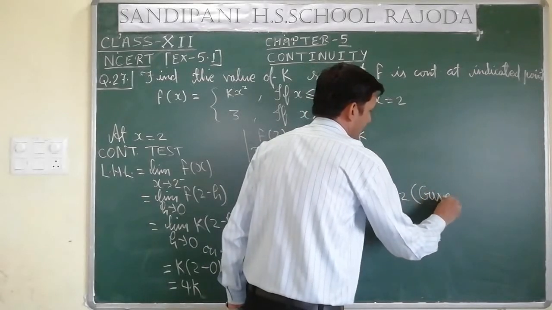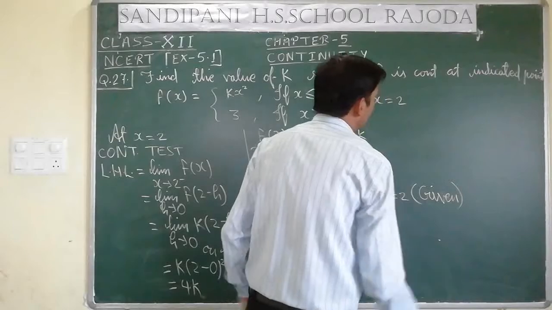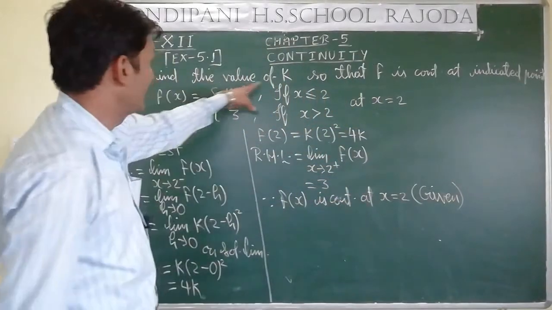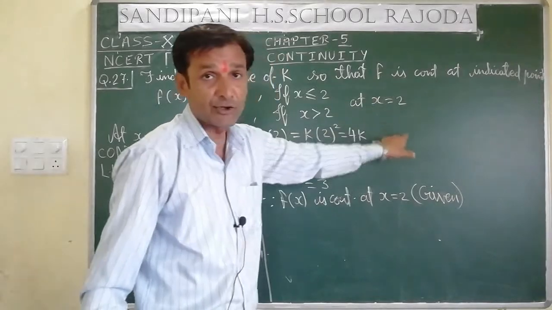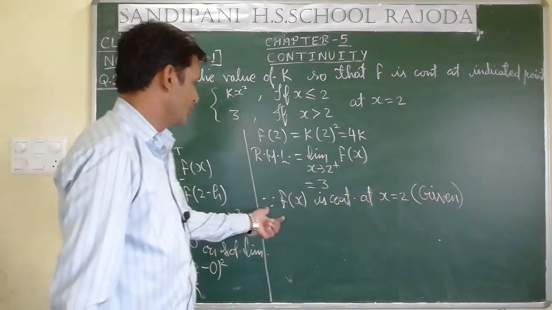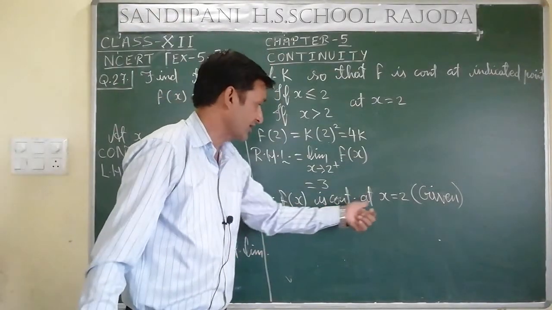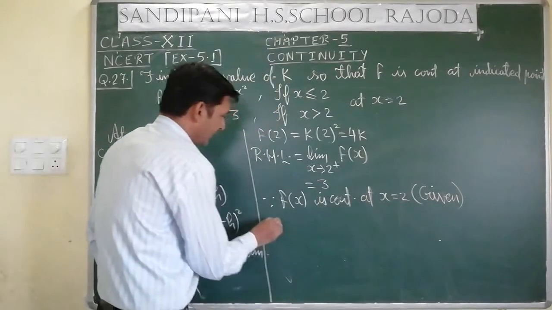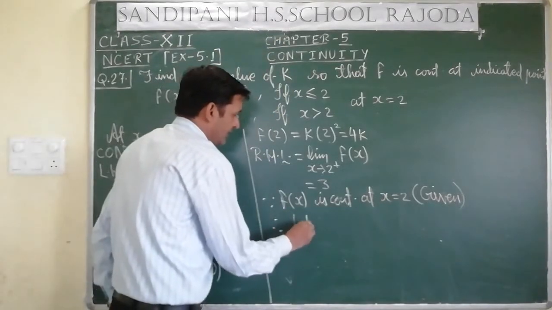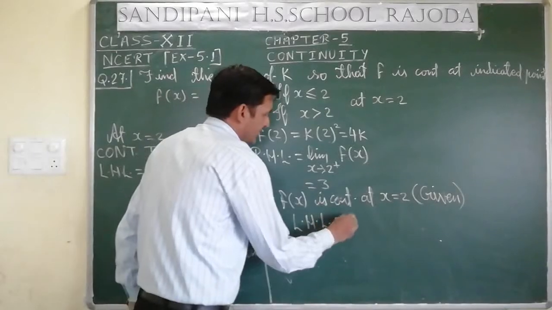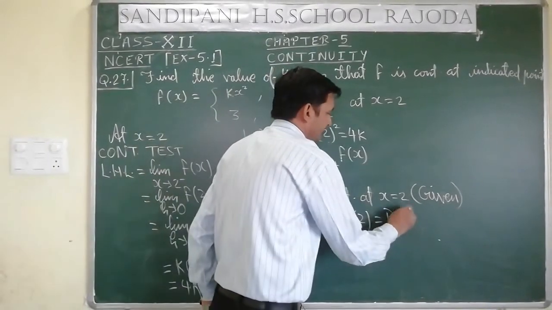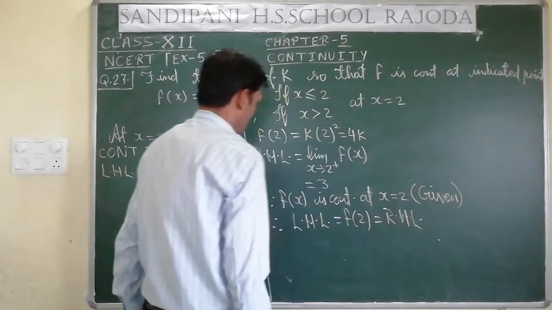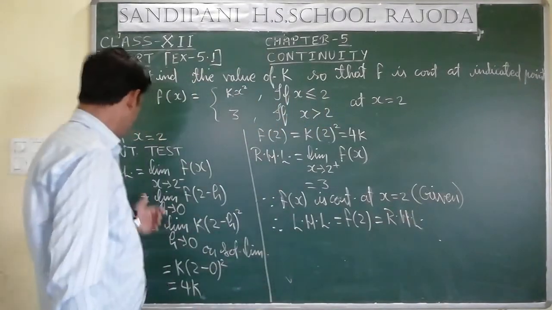This is the given part in our question only, that find the value of k so that f is continuous at indicated point, means at x is equal to 2 it is continuous. So because f of x is continuous at x is equal to 2, therefore LHL is equal to f of 2 is equal to RHL. So what is LHL here?